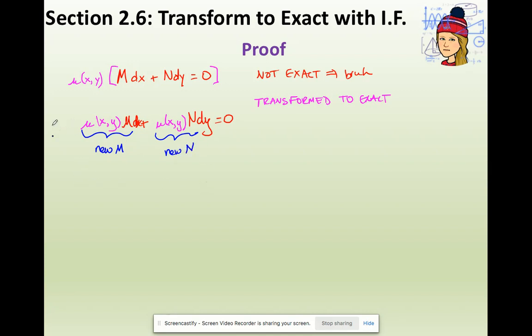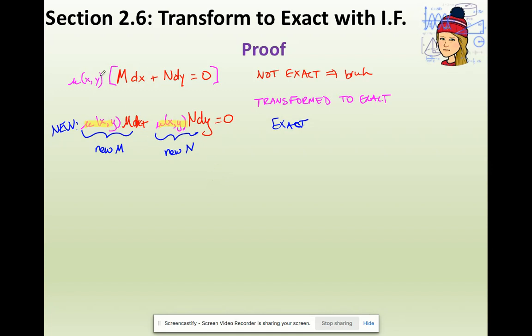So I have a new differential equation that is going to be exact by theorem. The problem is I need to find this. So I have an equation. I'm just going to solve for that.